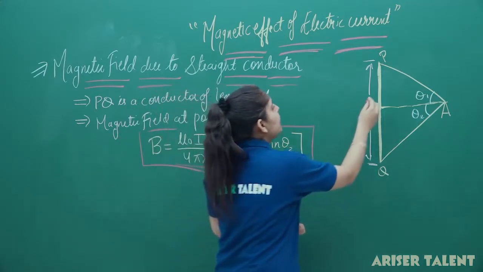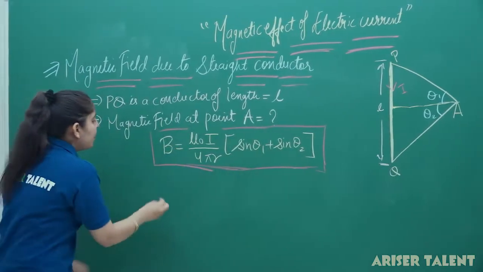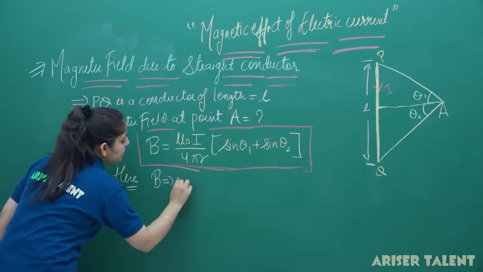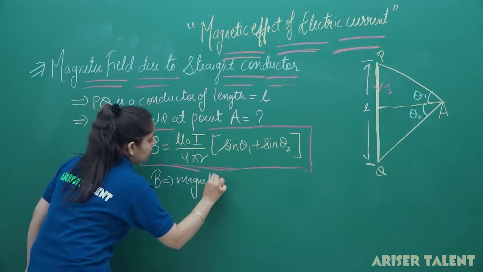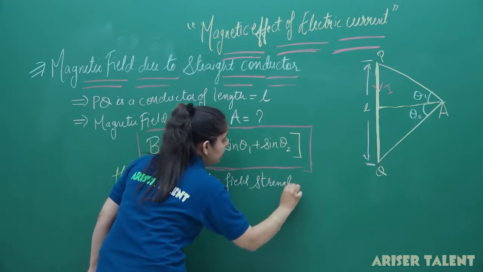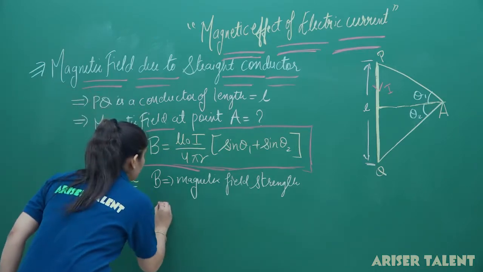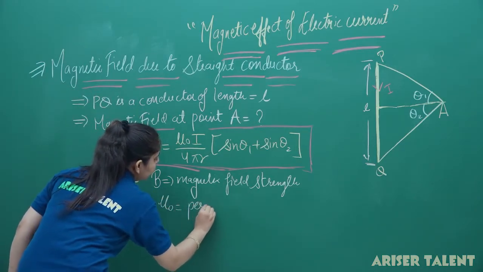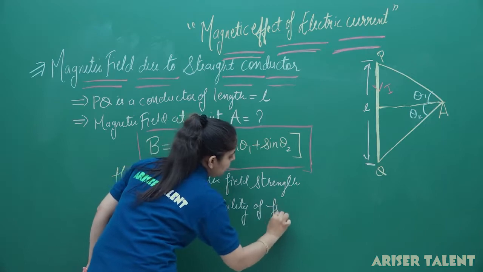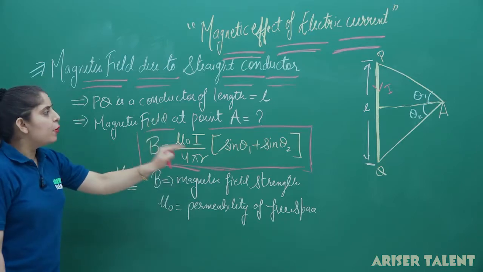I is the value of the current flowing in this conductor. B is our magnetic field strength. Mu naught is the permeability of free space or medium. I is the current flowing in the conductor.